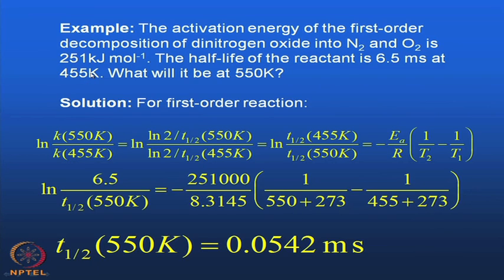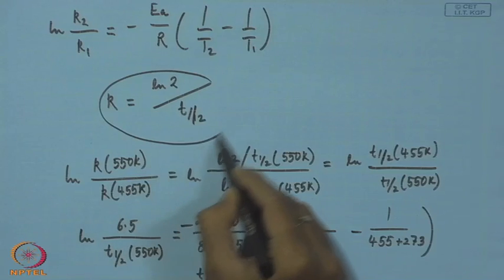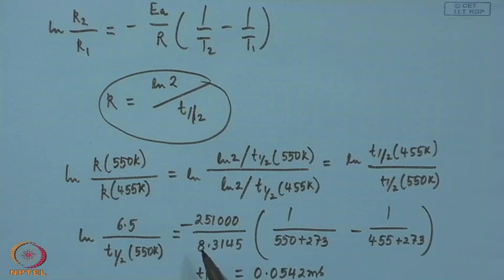So, it should be centigrade here, and here also. Anyway, this is the way you can manipulate these numbers to find out T half at a different temperature when T half at one temperature is known. And of course, it is a first order reaction, which is very important, otherwise we should not use this expression. For first order only can you use this particular relation.